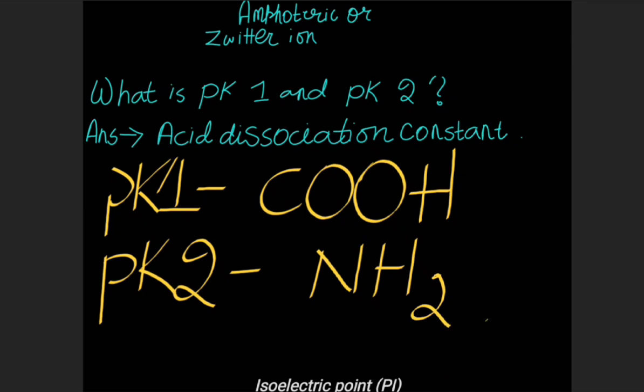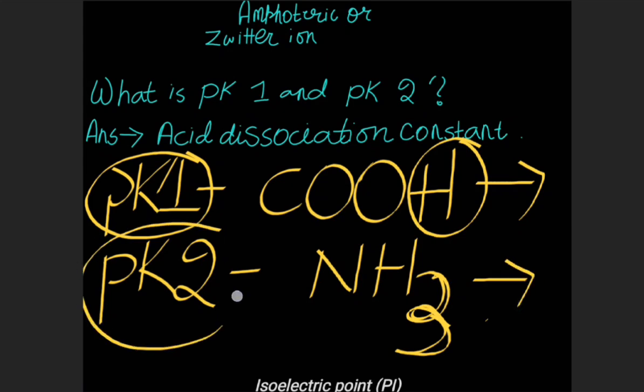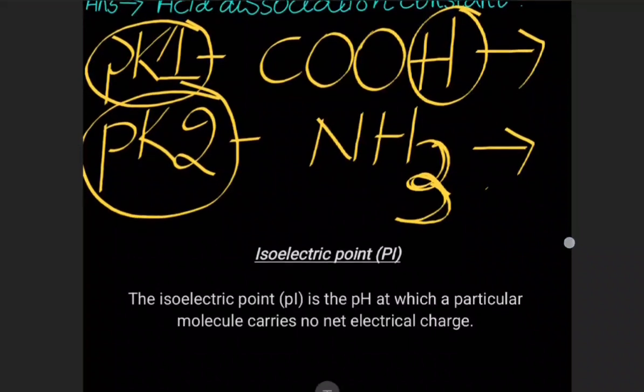To be very simple, when COOH loses or donates its hydrogen, that value is the pK1, right? And when NH3 loses one hydrogen, that will be termed as pK2. I hope you're able to understand. I hope you're able to catch what I'm trying to say.